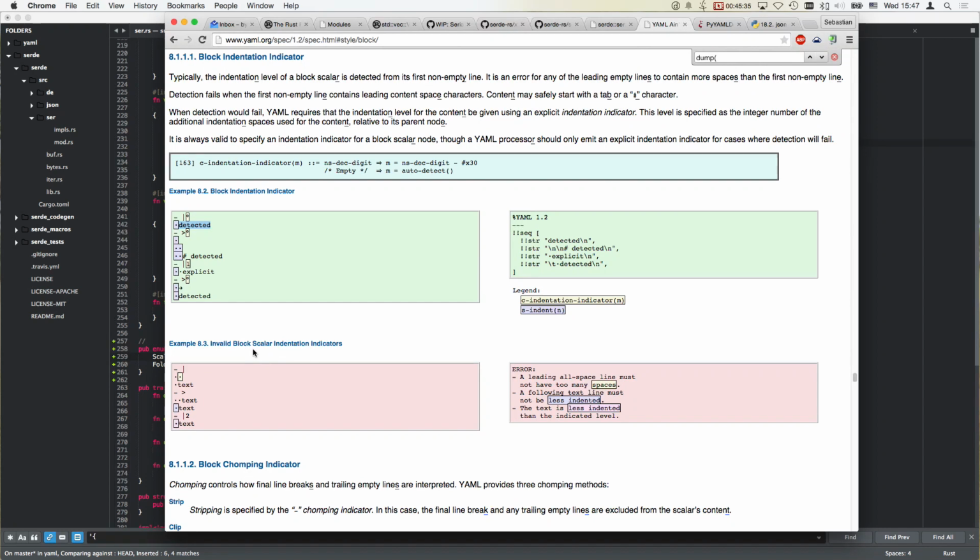Invalid block scalar indentation indicators. Leading all space lines must not have too many spaces. Following text lines must not be less indented. Oh, dang.